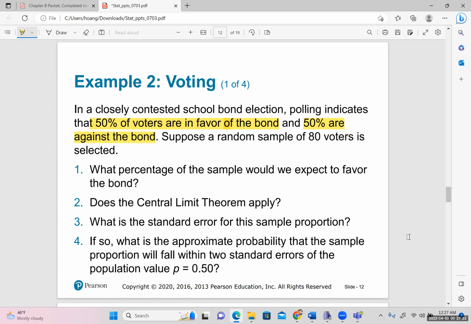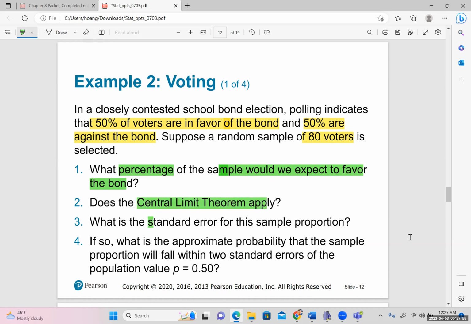So as you see here, n is 80. First, we want to find the percentage of the sample we expect to favor the bond. Second, does the central limit theorem apply?